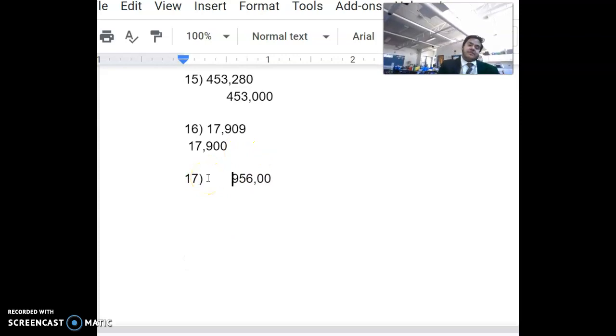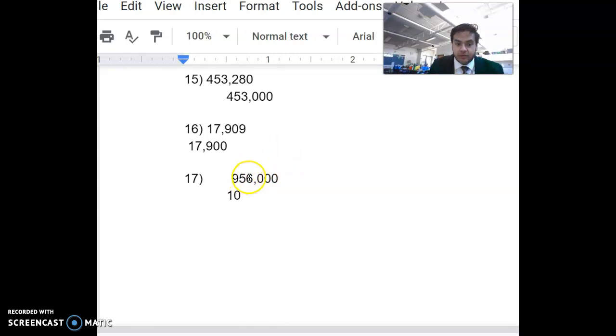Number 17 is 956,000. Missing a 0. And I have to round starting at the 9. 5 or more goes up. I know it's a little tough one. It turns into 10. Now everything else becomes 0.